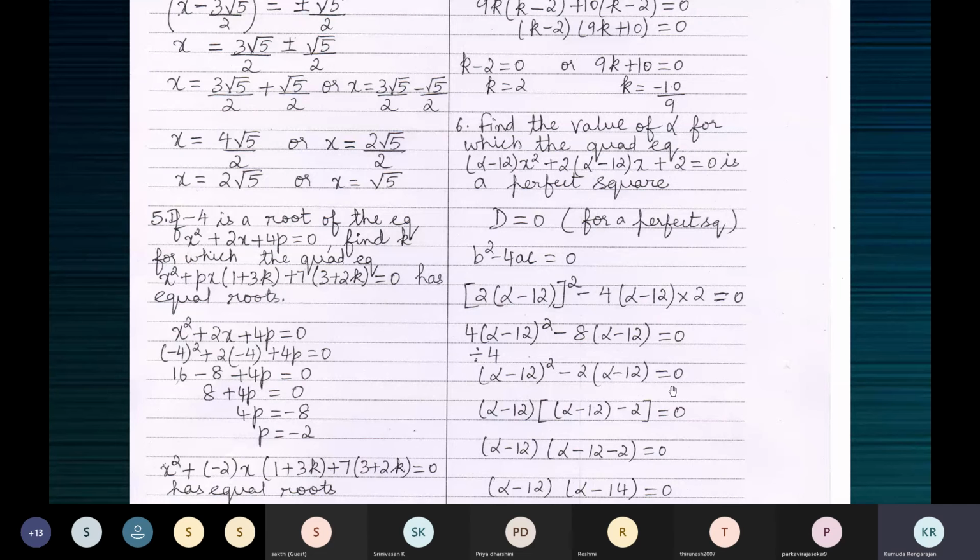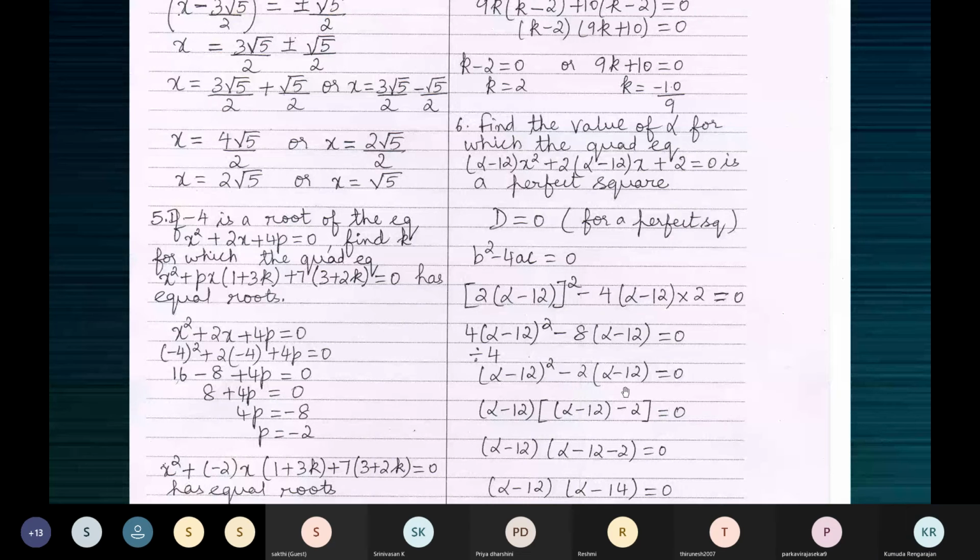Divide by 4, you get this. This is one term, this is the other term. You can see that alpha minus 12 is common. So alpha minus 12 into alpha minus 12 is alpha minus 12 the whole square, and alpha minus 12 into minus 2 is minus 2 into alpha minus 12.